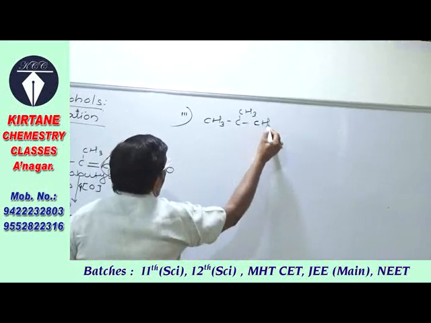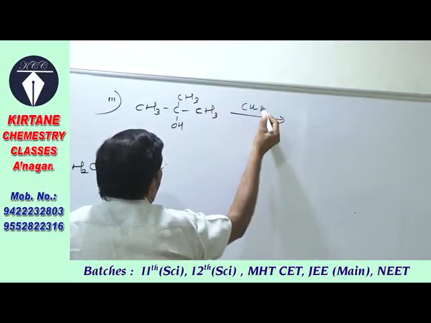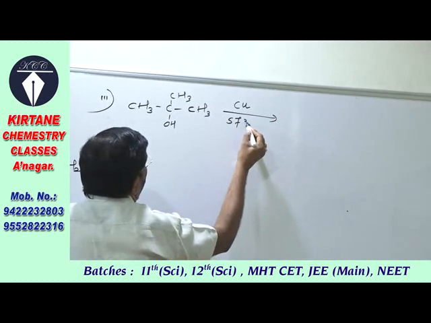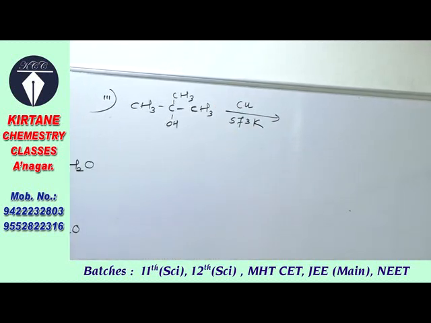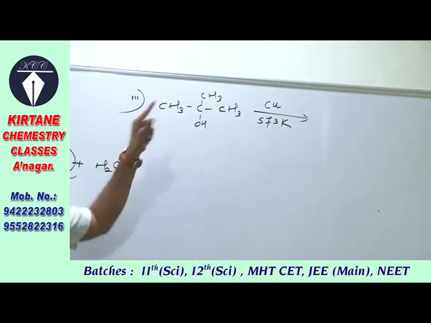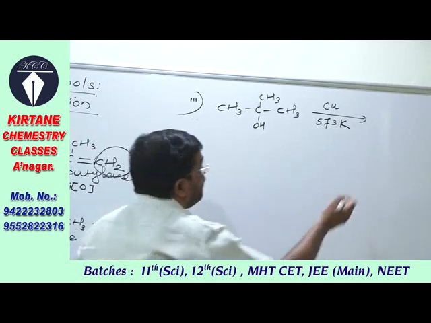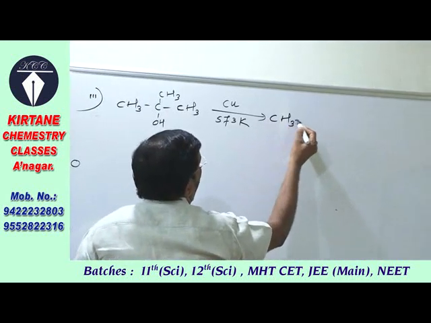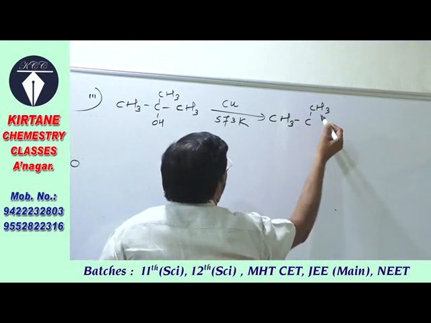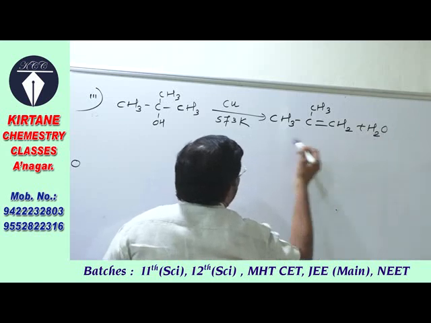See, tertiary butyl alcohol, when passed over red hot copper at 573 Kelvin, here there is no hydrogen atom on this carbon, therefore it undergoes dehydration, removal of water, and it forms CH3 double bond CH2 plus H2O.